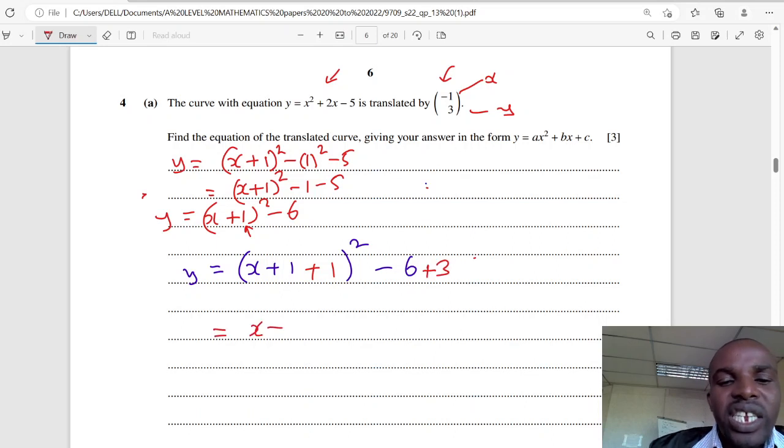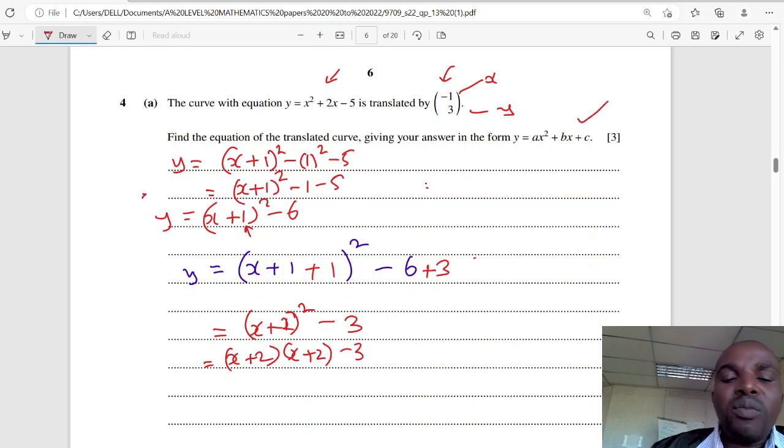So the equation x plus 1, actually it's 2. 1 plus 1 is 2 squared. Then it's minus 3. Then after that, you expand. So it will be x plus 2, x plus 2, then minus 3. Because you want it in this form, right?